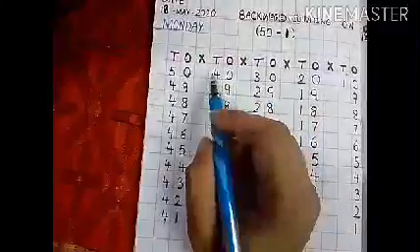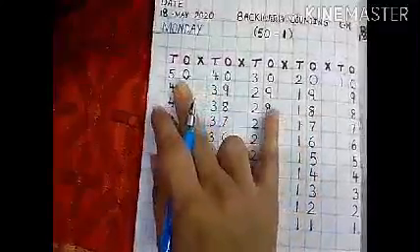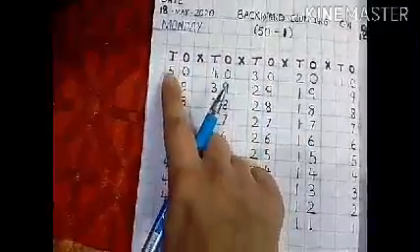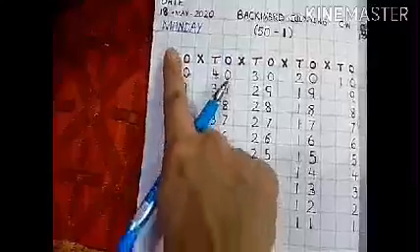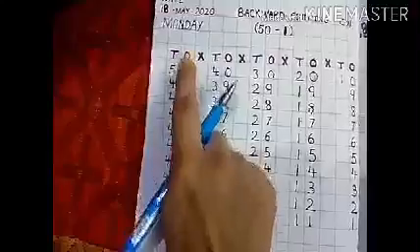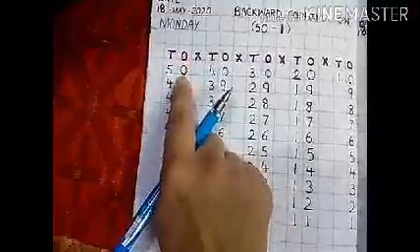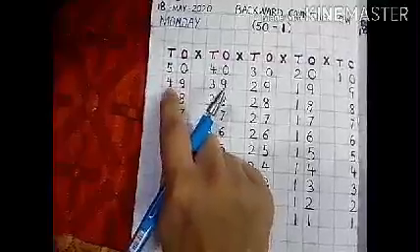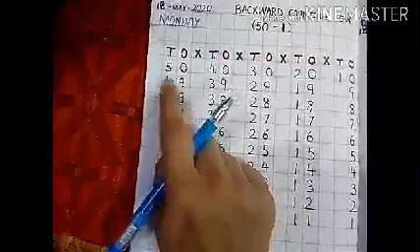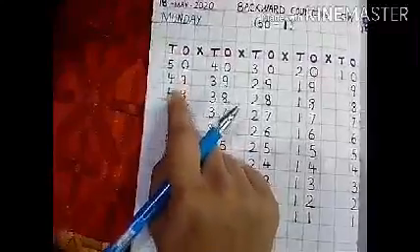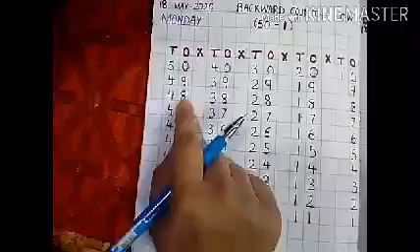So let's start backward counting from 50 to 1. Slowly repeat with me. Below tens write 5, below ones write 0. Remember that you have to touch the bottom line. Now 4, 9, 49. Then 4, 8, 48.